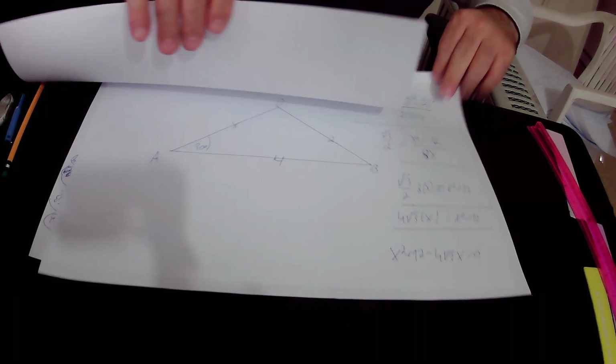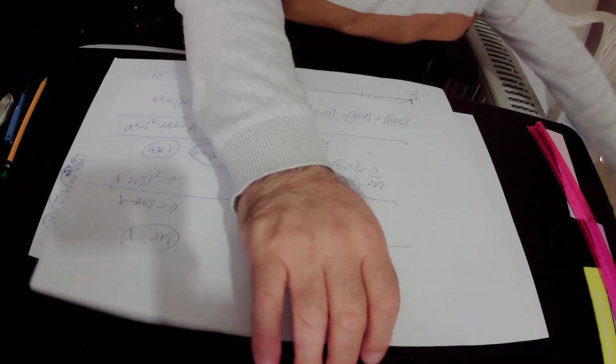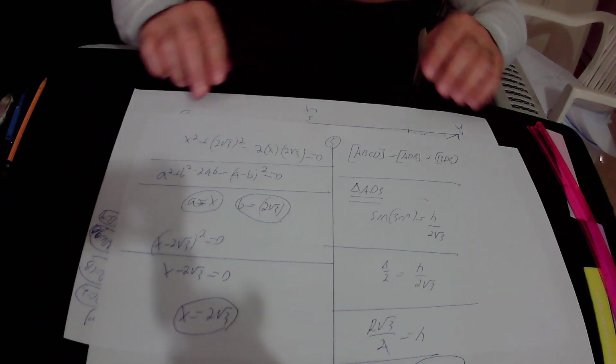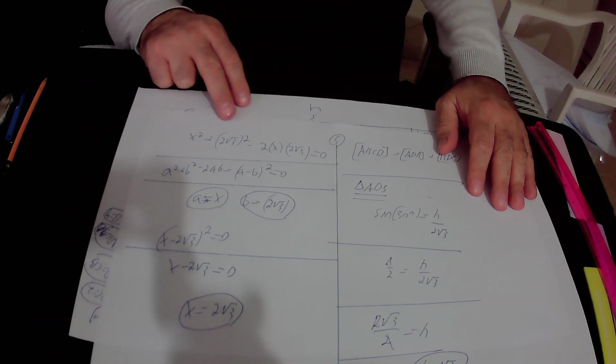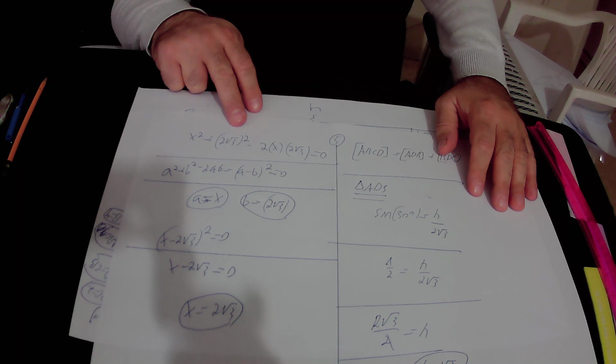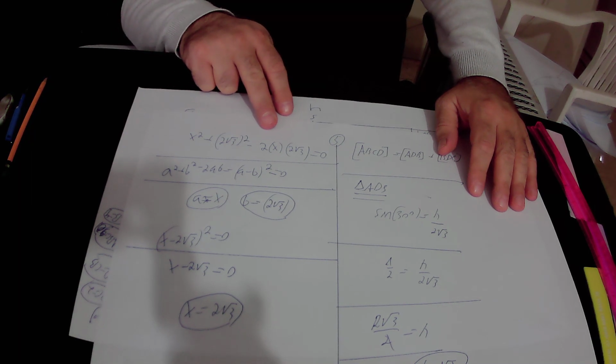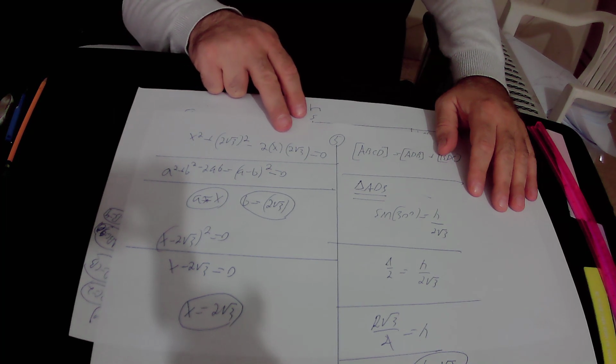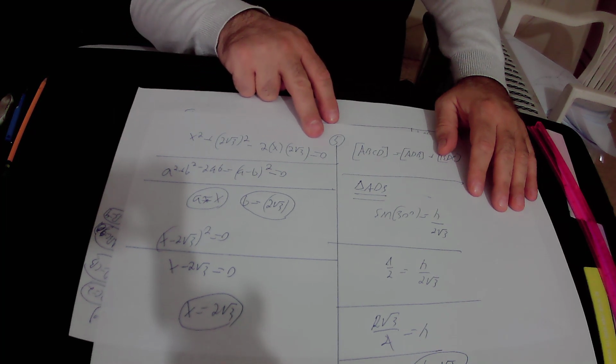We got this expression, x squared plus 2 times square root of 3 squared, which is 12, minus, we substituted 4 by 2 times 2, so here we have 2 times x times 2 times square root of 3, that equals 0.